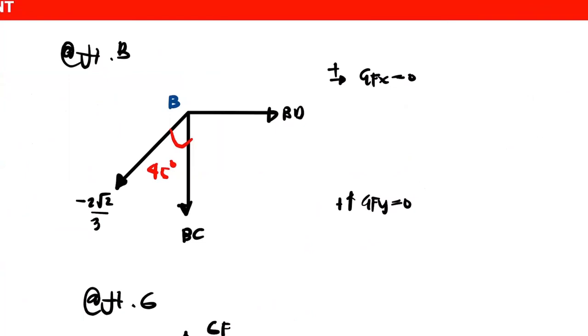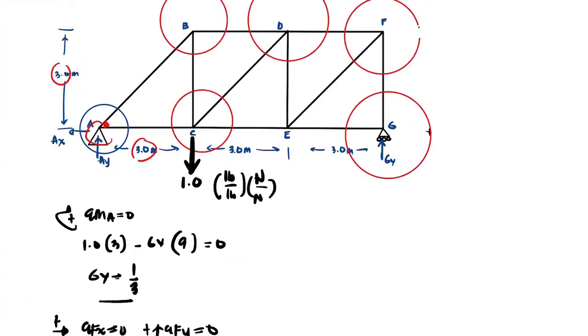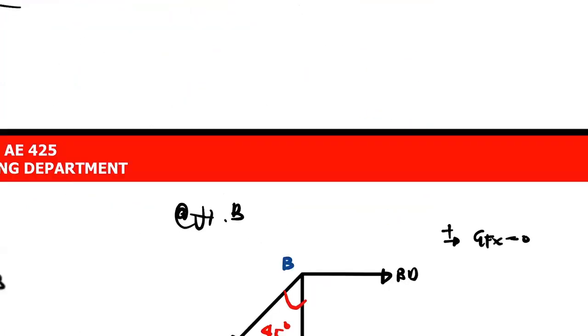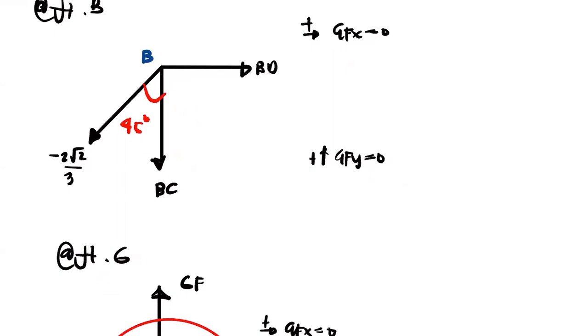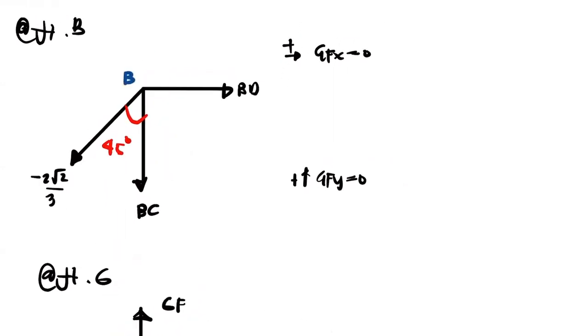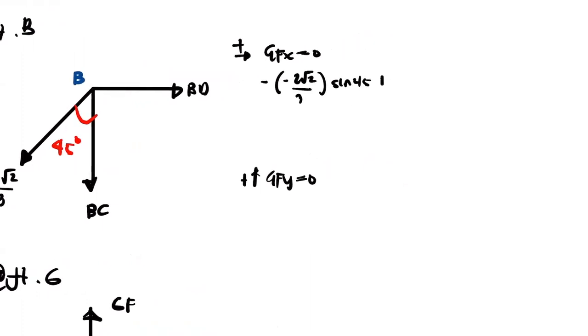So, by summation, forces X and Y. Okay? So, double check natin dito. Okay, correct. So, that is summation forces X is equal to 0 going right. Meron tayong negative 2 square root of 2 over 3 sine 45 plus BD is equal to 0.